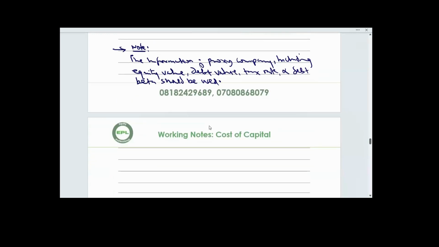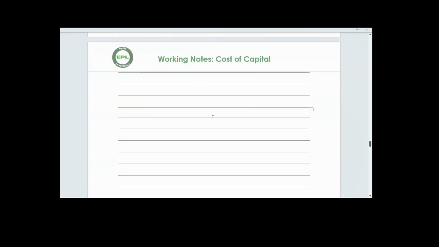All right then. So let's move to step 3. Step 3 is to regear, to incorporate the financial risk of the main company.